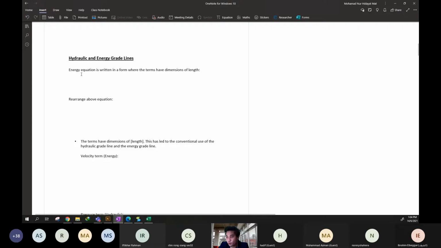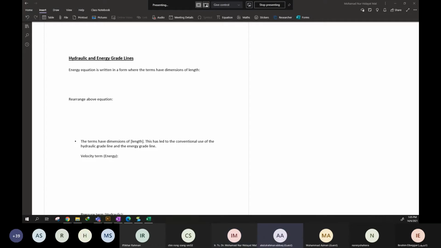Based on the energy equation that is written in the form where the terms have dimension of length. So what's the energy equation?